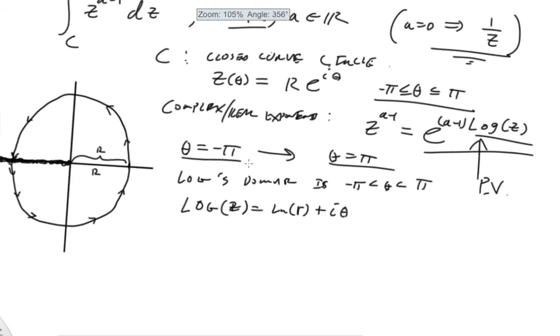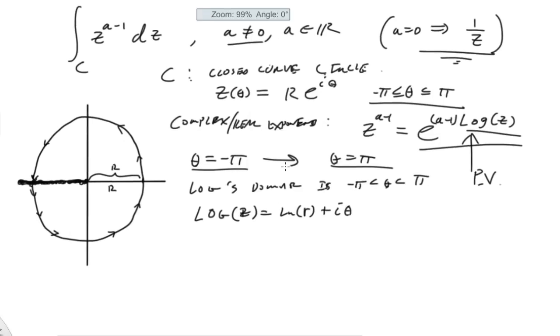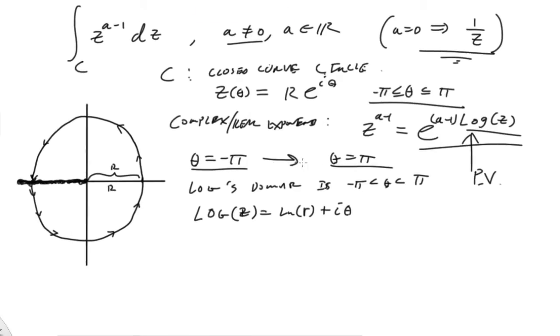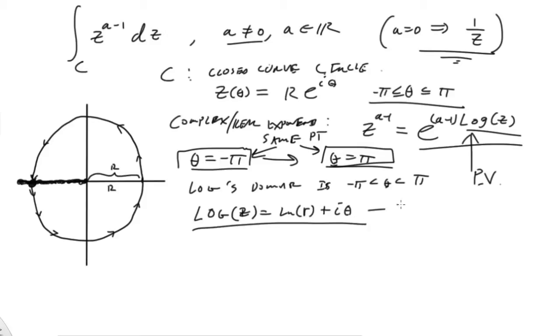But we already know that these two values are the same point. They're the same point in the complex plane, the point that's right there on our branch cut. But our log function takes different values.